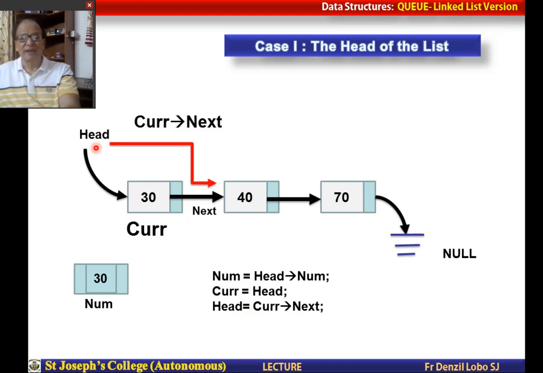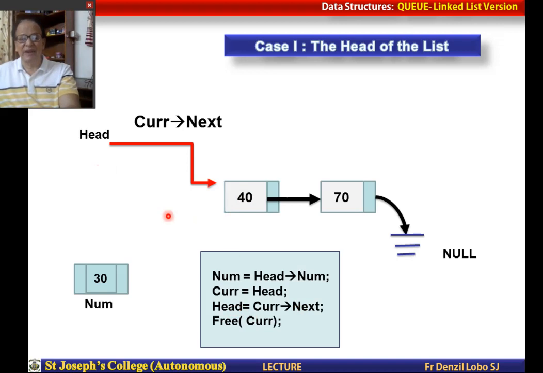It is going to assign the address of the next node to head, and as you see, head is equal to current next. Now I have to free this current node, and now head is pointing to the second node, and this is how we have deleted the number at the head of the list. This is case 1.